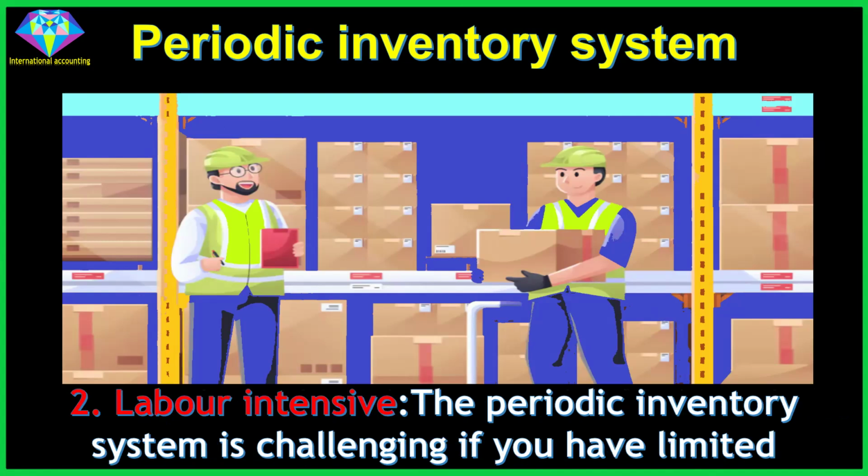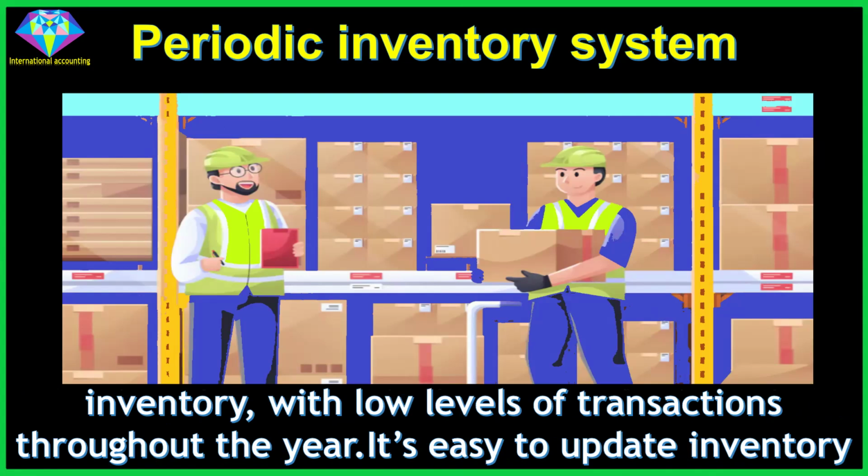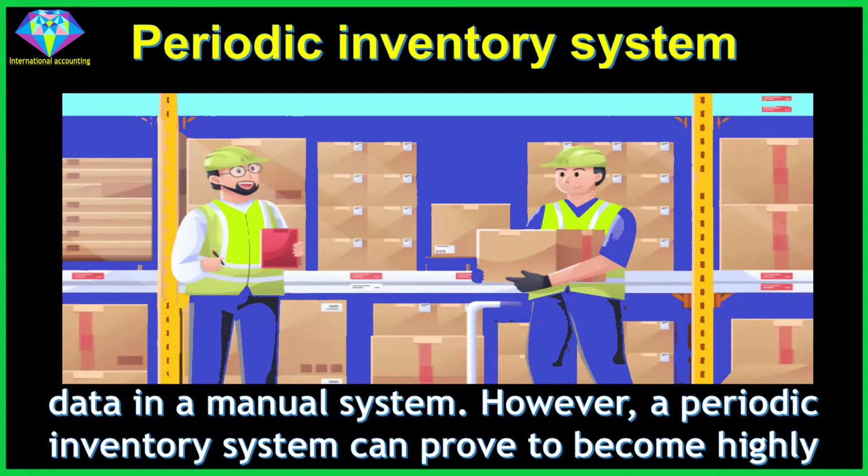2. Labor-intensive. The periodic inventory system is challenging if you have limited inventory. With low levels of transactions throughout the year, it's easy to update inventory data in a manual system.